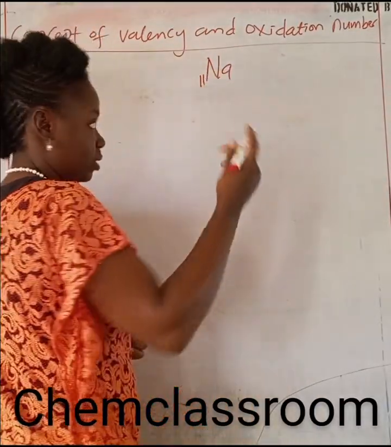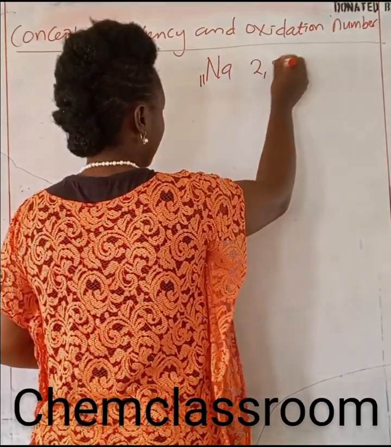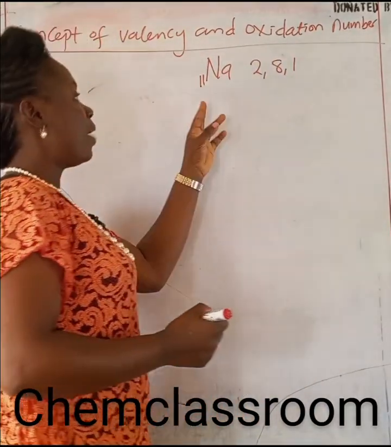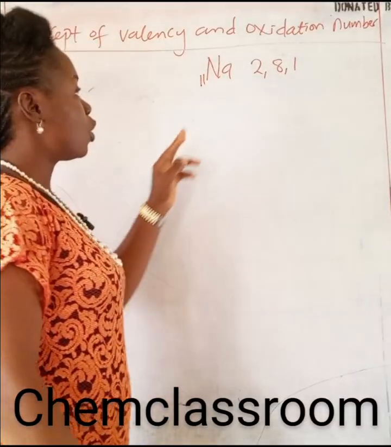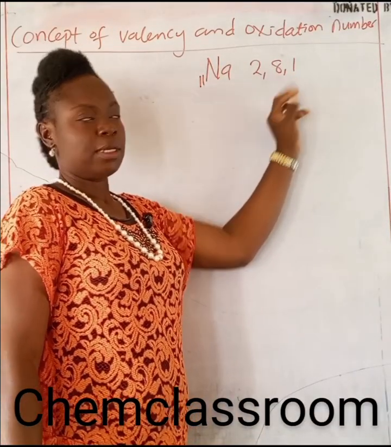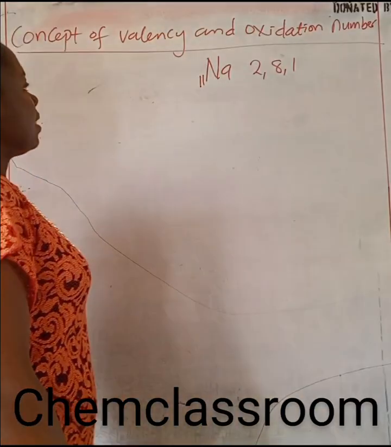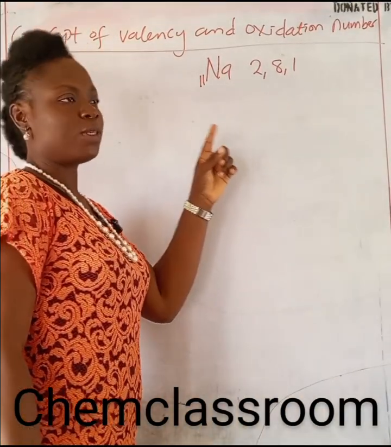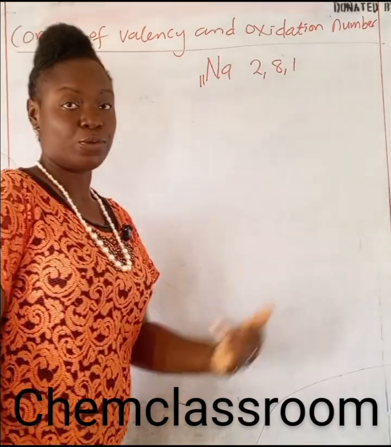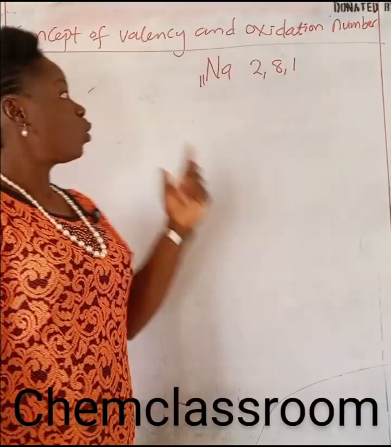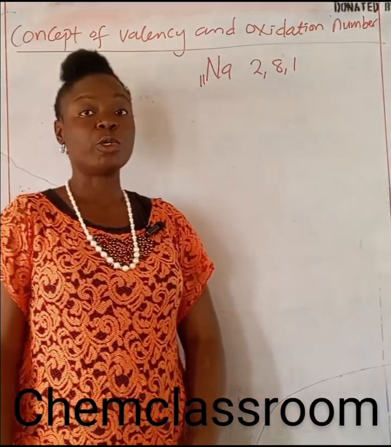So if I'm to break it into shells, I will do 2, 8, 1. So the valency of sodium is 1. Sodium is also in group 1 because the valence electrons determine the group in which an element belongs. Now going to oxidation number.